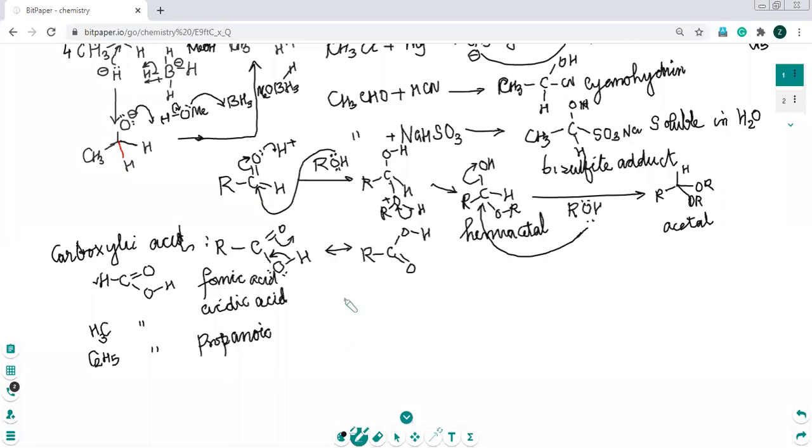Now aromatic carboxylic acids, you can draw the structures. Carboxylic acid group here. The name of this compound is benzoic acid. You are familiar with it.